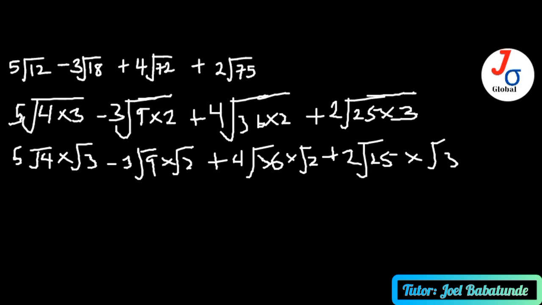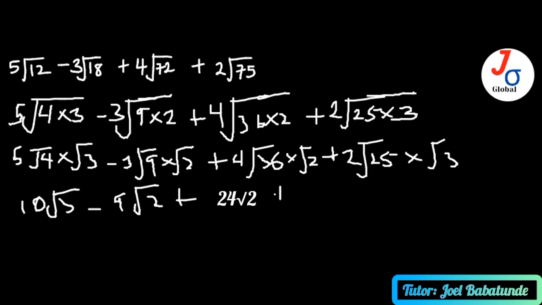Okay, so we have 5 root 4 is 2, that's 5 times 2 is 10 root 3, then minus root 9 is 3, 3 times 3 is 9 root 2, then plus root 36 is 6, 6 times 4 is 24 root 2, then you have plus root 25 is 5, 5 times 2 is 10 root 3.